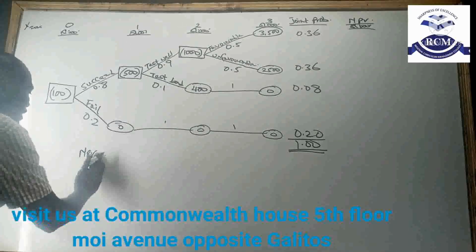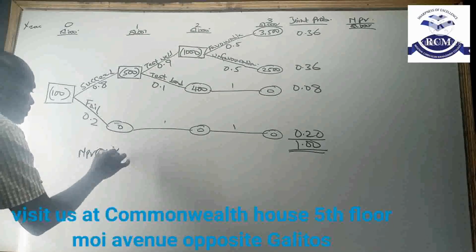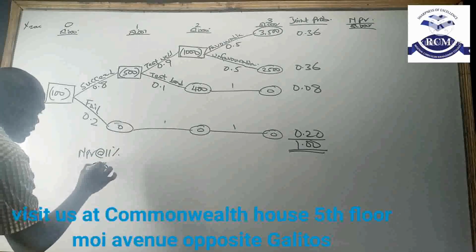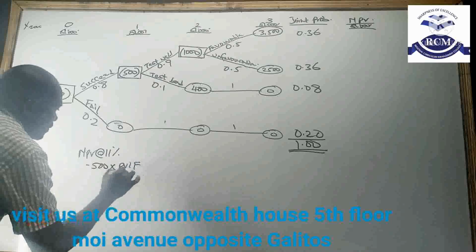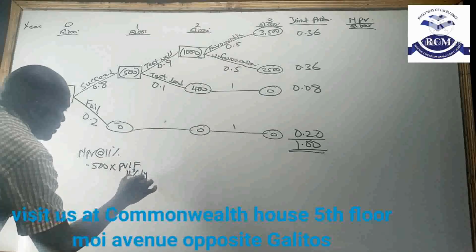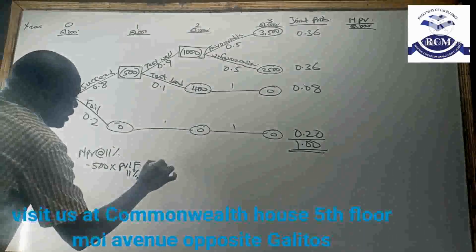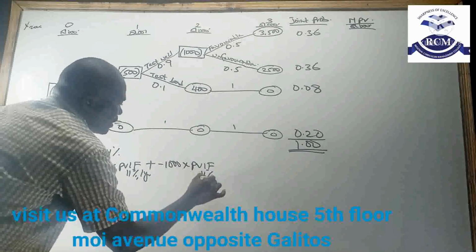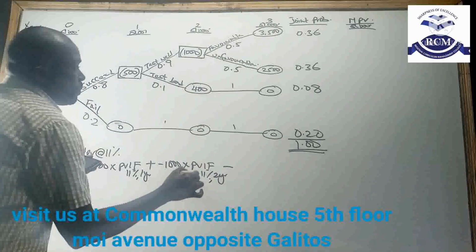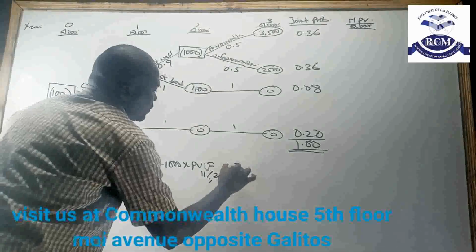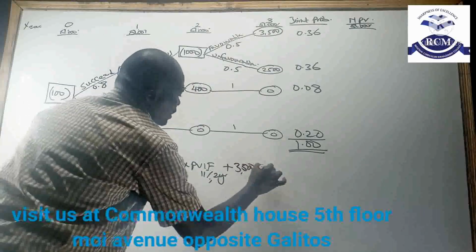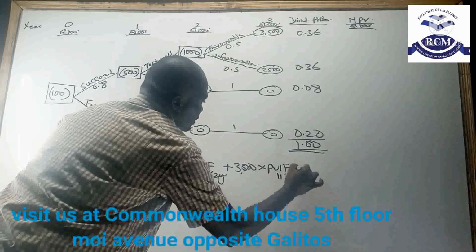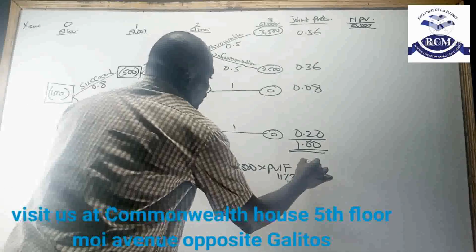So NPV at 11%: negative 500 times PVIF 11% 1 year, plus negative 1,000 times PVIF 11% 2 years, plus 3,500 times PVIF 11% 3 years. We subtract the initial outlay of 100.